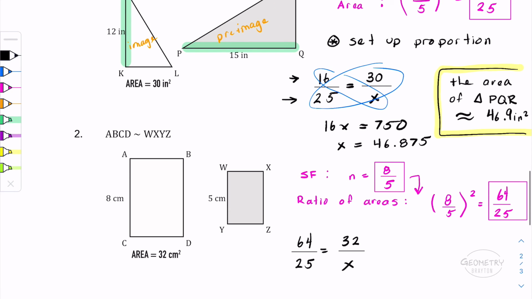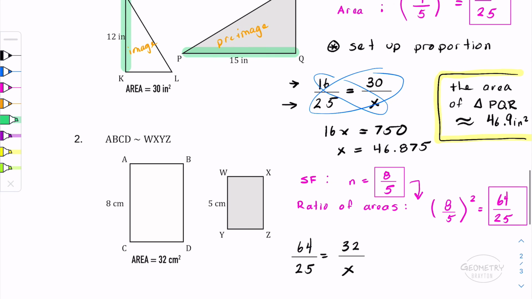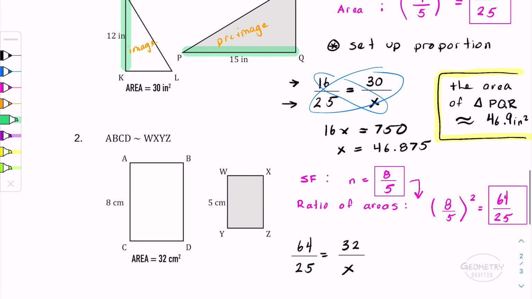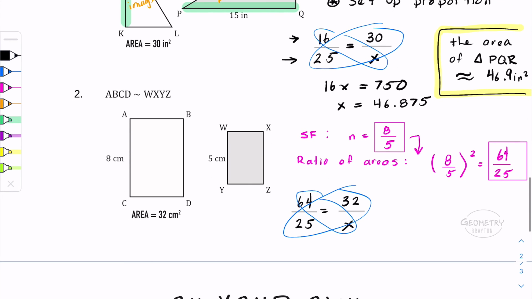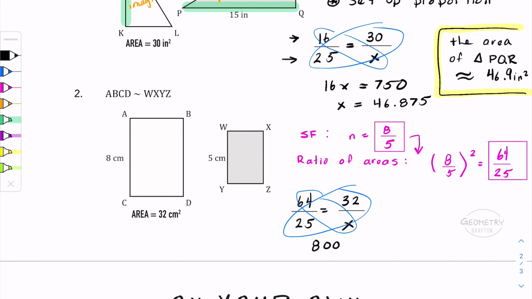So larger figure goes on top, smaller figure on the bottom. Cross multiply here, we end up with 800 is equal to 64x. Divide both sides by 64, and we get x is equal to 12.5, and this would be square centimeters for our answer. So the area of the smaller figure is 12.5 square centimeters.